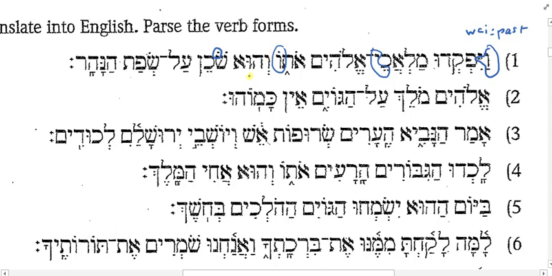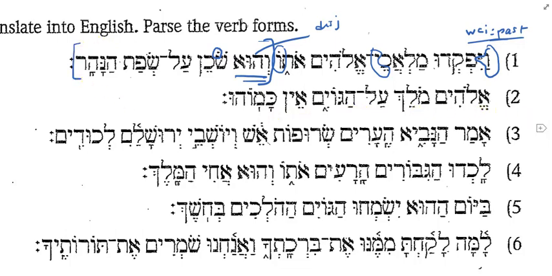Now, this is a vav attached to a non-verb. So what does Ross call this kind of a vav? It's disjunctive, and it's signaling a break in the narrative. This was the last event that happened in the narrative, and this is giving me some kind of circumstantial or parenthetical information. So let's think through what the relationship of this sentence is to the main narrative sentence. The messengers of God appointed him, and he was dwelling somewhere.